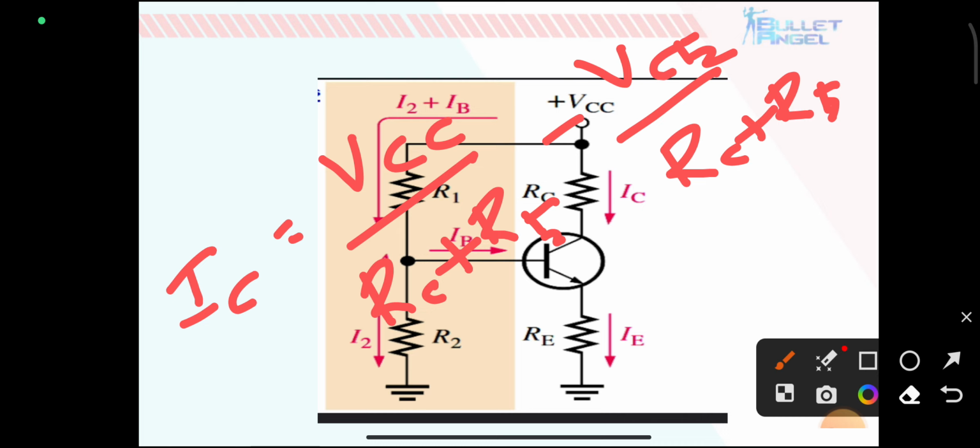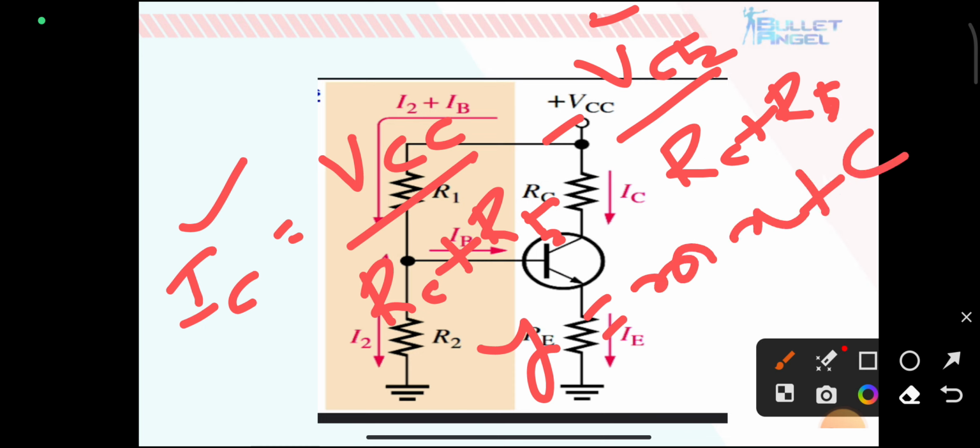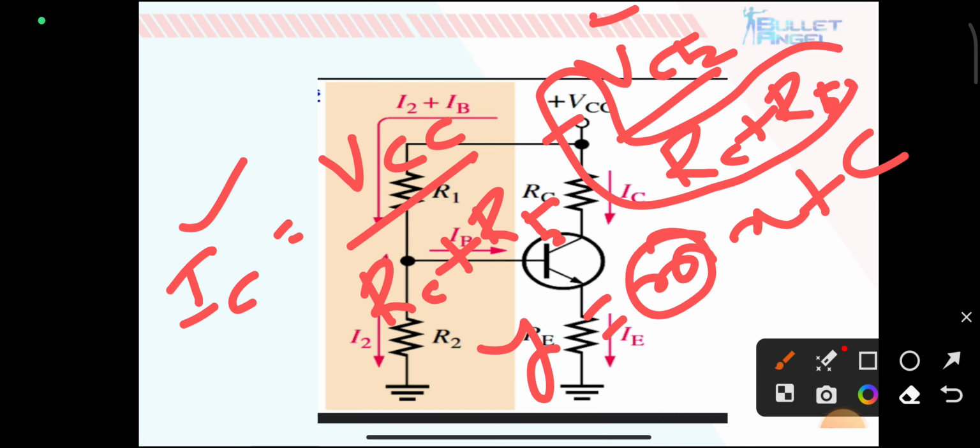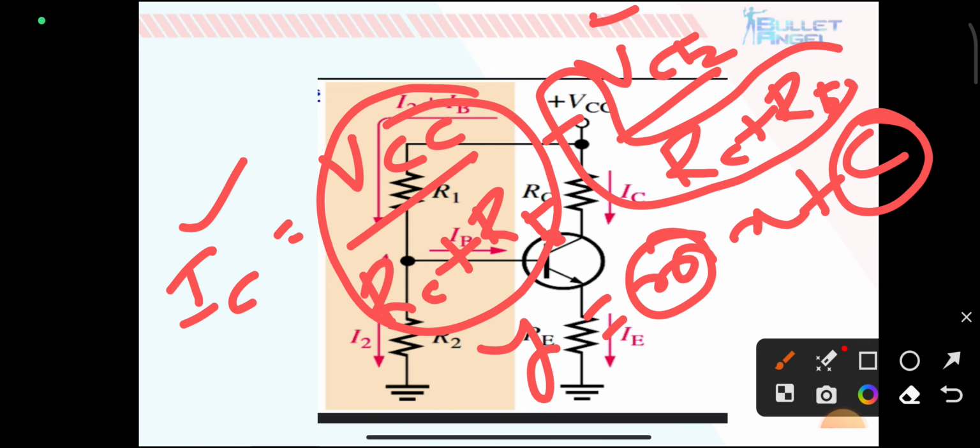This is a straight line equation, IC varies linearly with VCE, like y is equal to mx plus c. Here this is the slope m and this is the y-intercept.